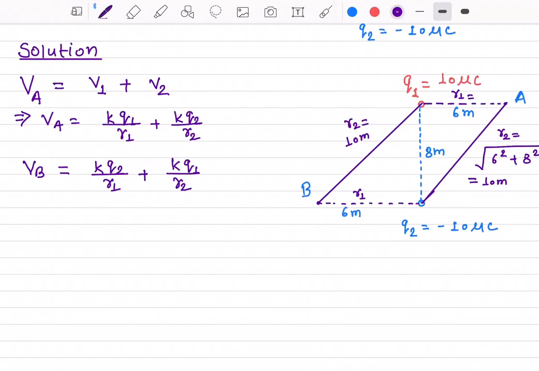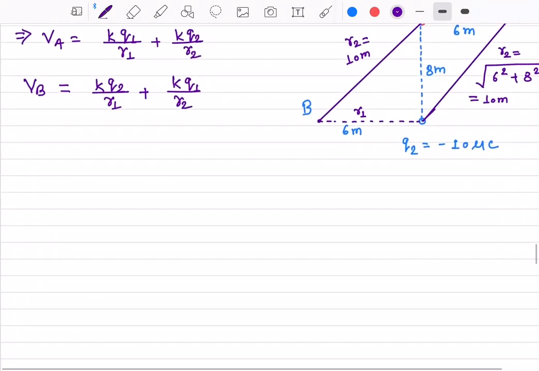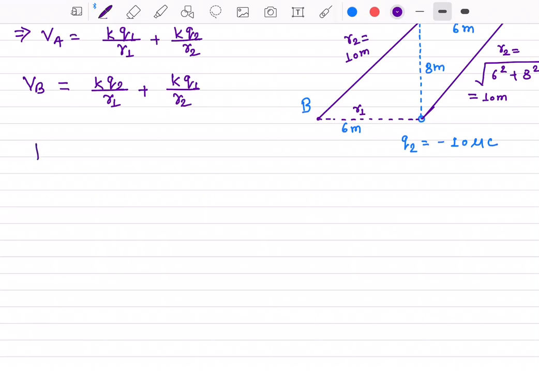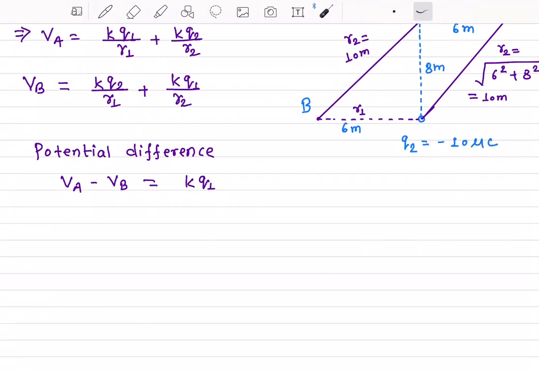Now let's find the potential difference. The potential difference VA minus VB is given by, we just have to subtract VB from VA.